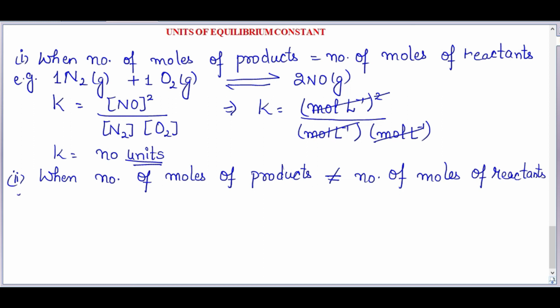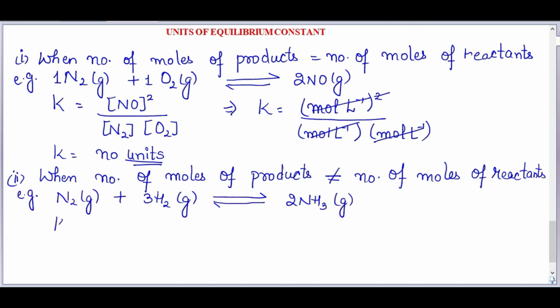Again, let's take an example. So let's write the equilibrium constant, product NH3 power 2 divided by N2. I'm having only 1 mole, so definitely I'll not raise any power. H2 power 3 because there are 3 moles over here, right?